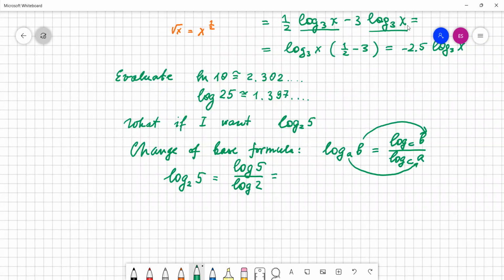So log of 5 equals 0.698 approximately. Now I'm going to calculate log of 2.